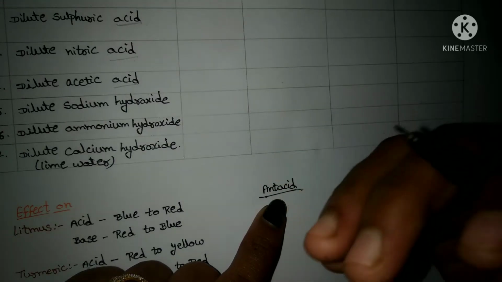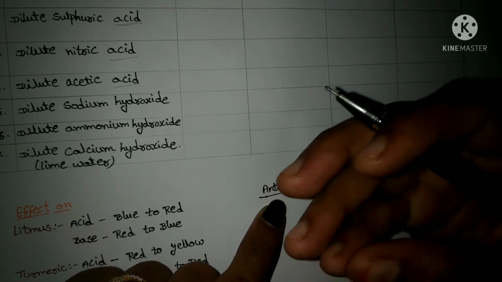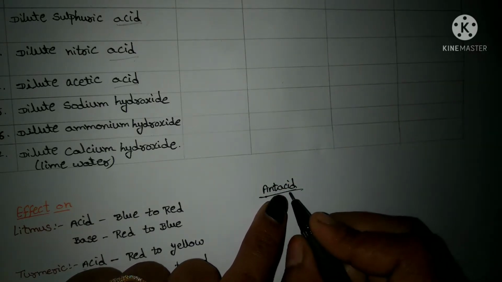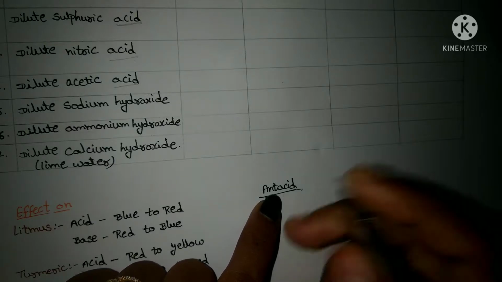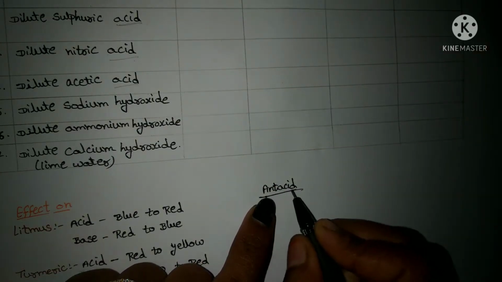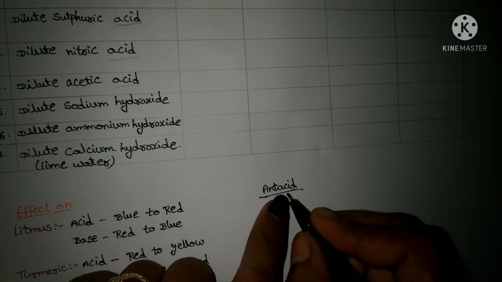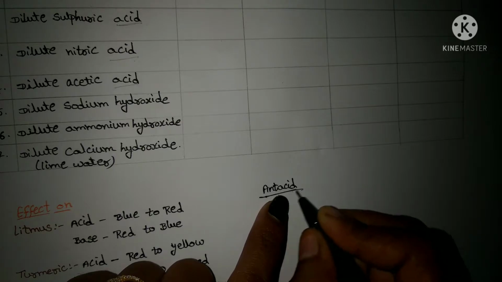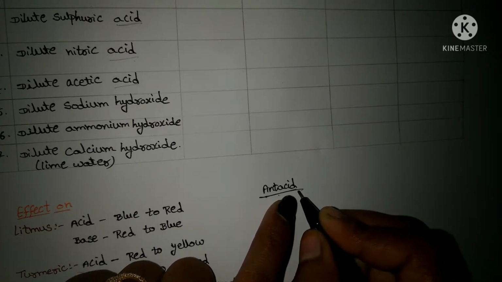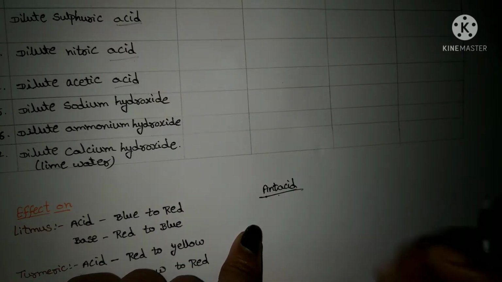To neutralize the high amount of HCl present in our stomach, we use an antacid. Anti means opposite. What is the opposite of acid? Base. So an antacid is a base, not an acid. So don't consider substances to be acids just by the terms at the end of the word. In very few cases, it may be wrong.